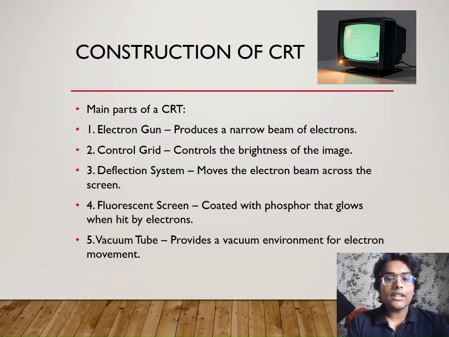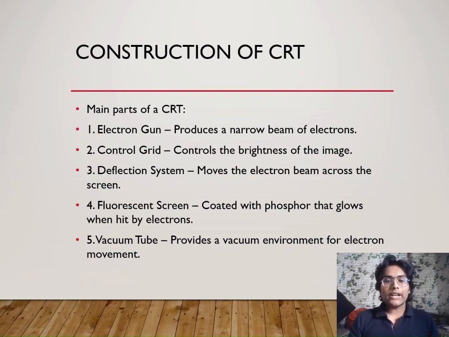Fourth is the fluorescent screen, coated with a phosphor that glows when hit by the electrons. And the vacuum tube provides the environment for the movement of electrons. So here we use a vacuum tube that produces a vacuum environment for electron movement.